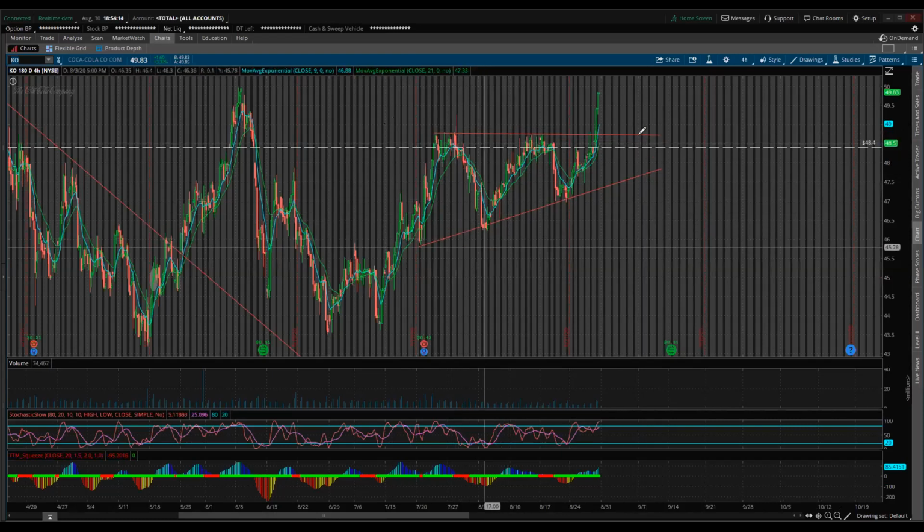It's an ascending triangle because first of all, there is an initial move, so you can consider it a pennant, and this is the continuation of that move. This is just the consolidation between them.